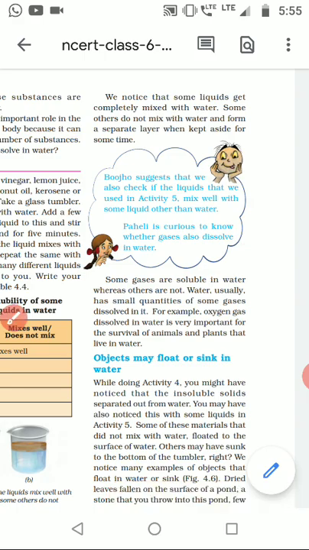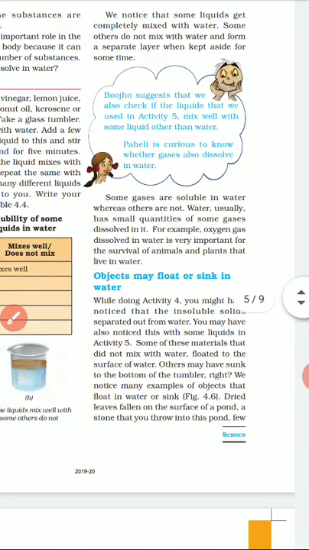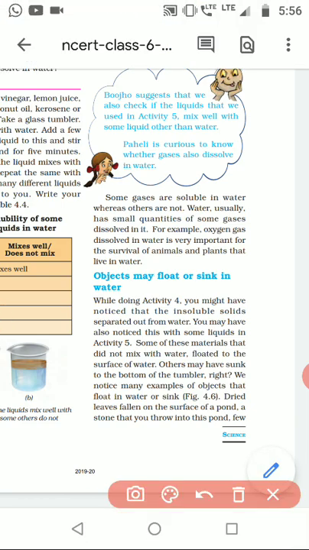In this way, there are a few other gases also which can dissolve in water, but gases dissolve in very small quantity, and oxygen is the most important gas which dissolves in water and is available for aquatic animals.